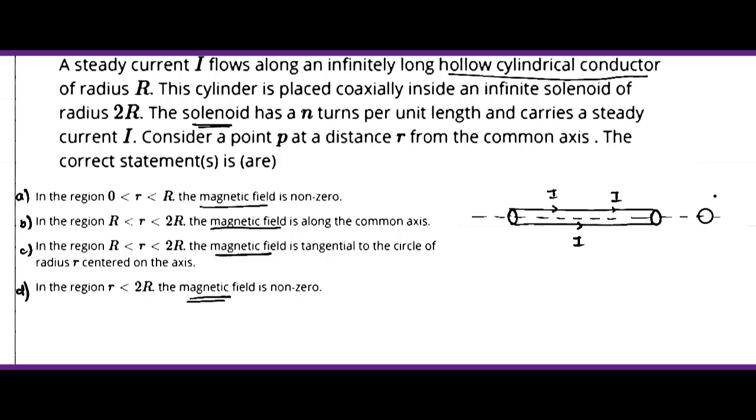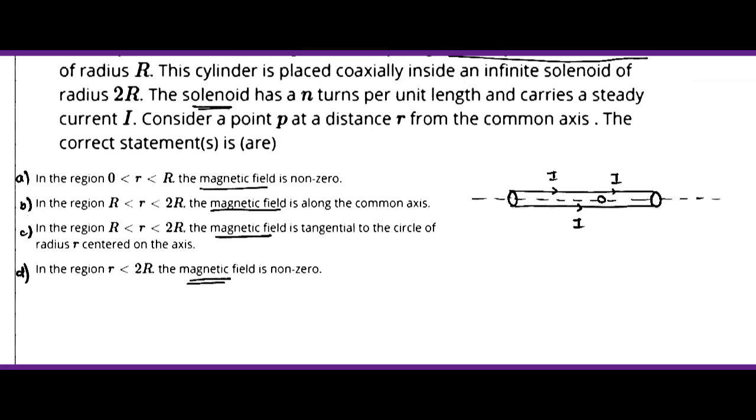Now if I take a loop inside this conductor, then according to the Ampere's circuital law, in this loop, if I take the line integral of the magnetic field, then it will come out to be equal to mu naught times the current passing through this loop. So current passing through this loop will be 0, hence magnetic field would be 0.